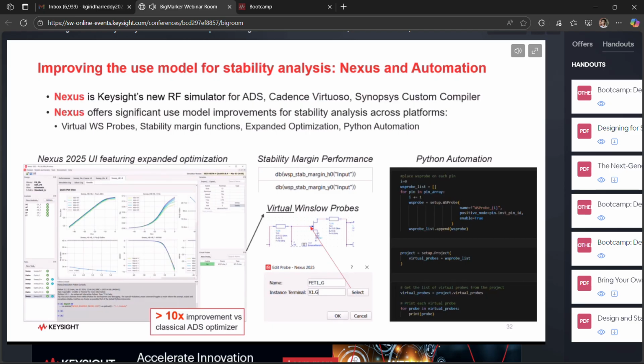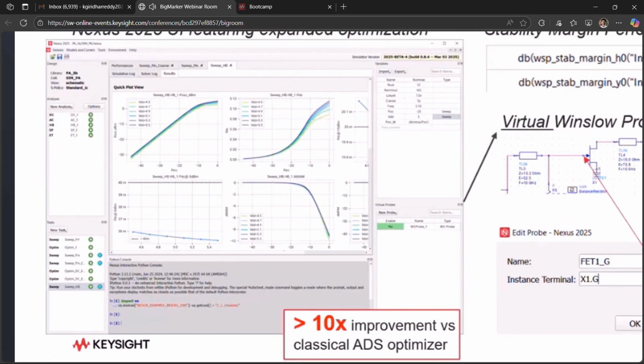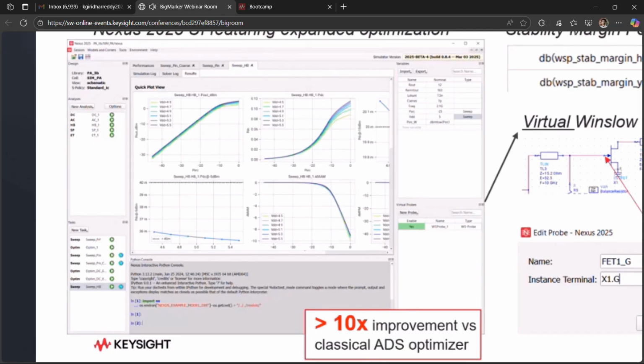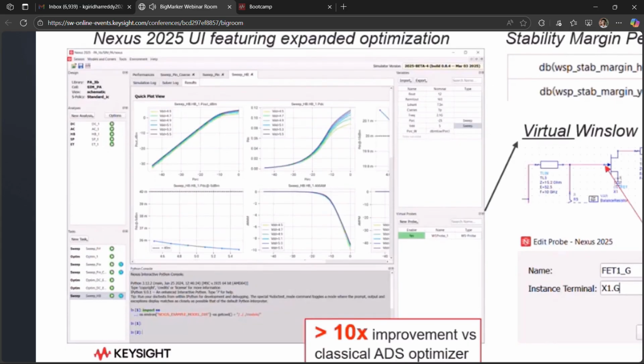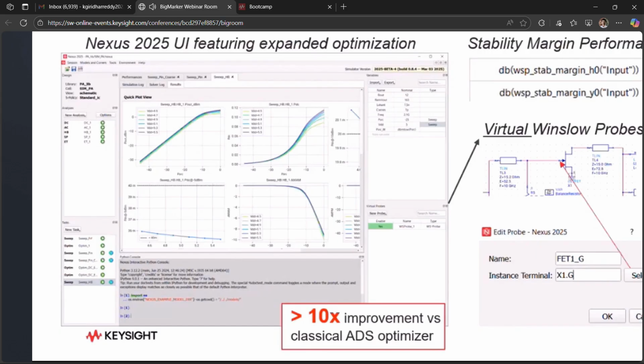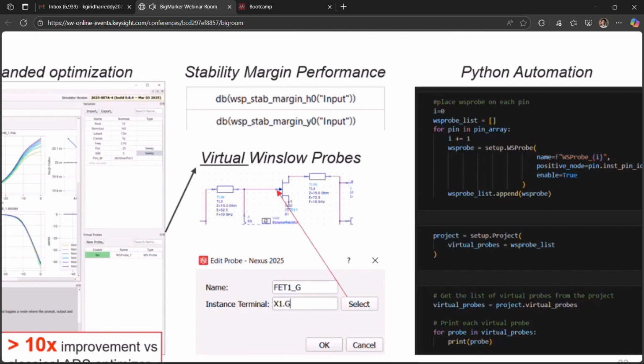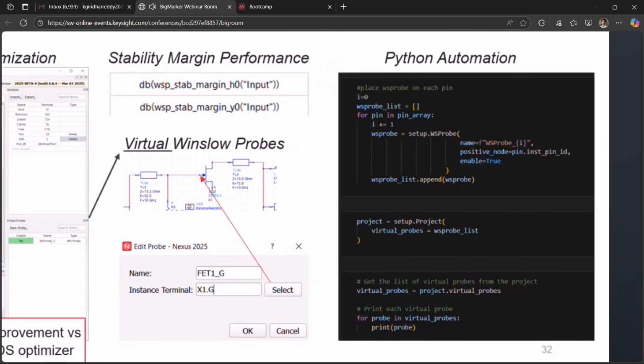So Nexus is Keysight's new RF simulator, and it actually spans platforms. So now, if you're using Cadence Virtuoso or Synopsys Custom Compiler, you can access Nexus as a simulation option. And if you do that, you can use all of the functionality in the Winslow probe in those types of circuits in those platforms.